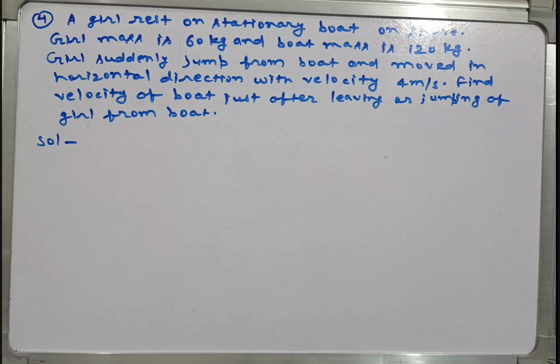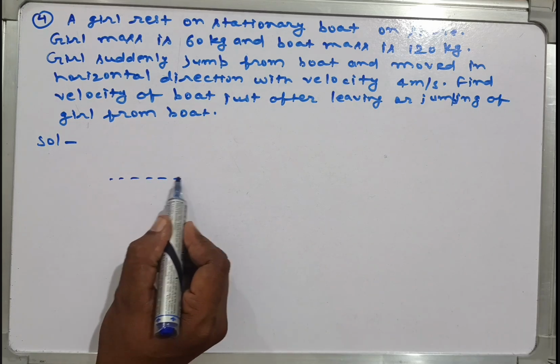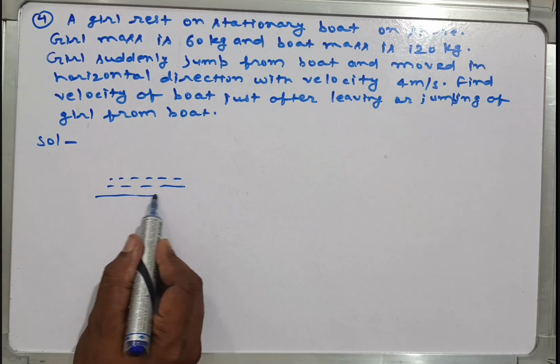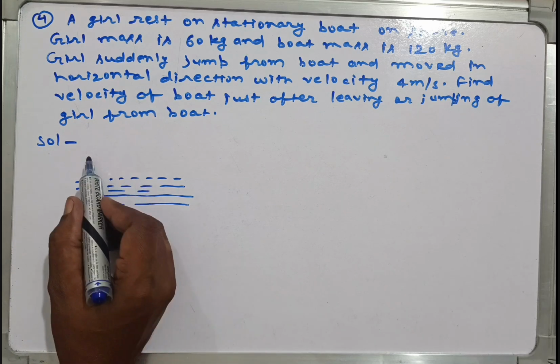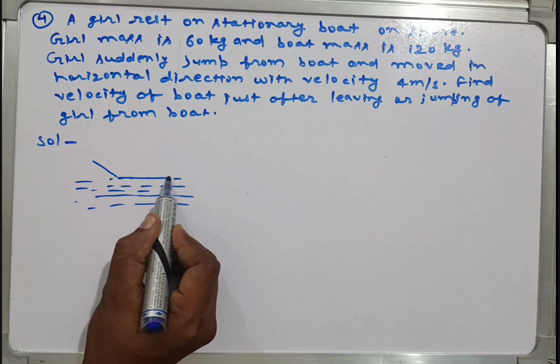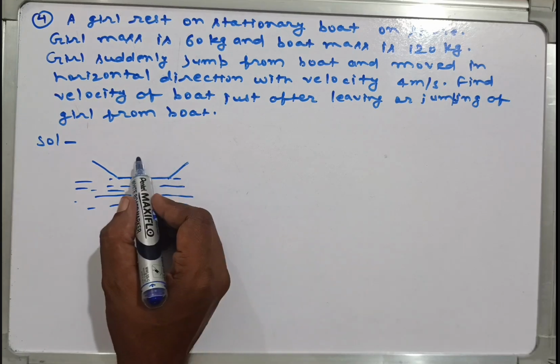what informations are given in the question. Okay, so this is the water surface. Now see, one boat is here which is initially in a stationary condition.